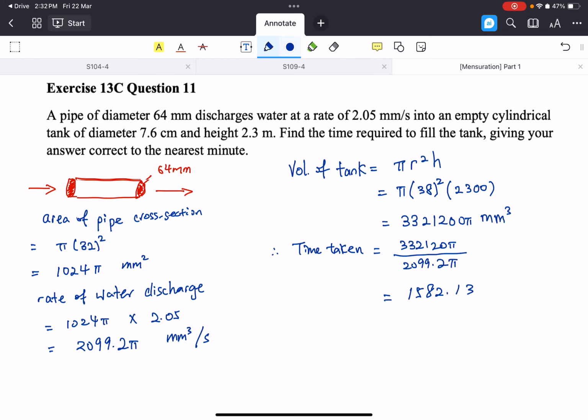This will be in seconds. Now, the question wants it in minutes, so I need to divide by 60, which will give us 26.37 minutes. And then after that, the question says correct to the nearest minute. Therefore, it is equal to 26 minutes.